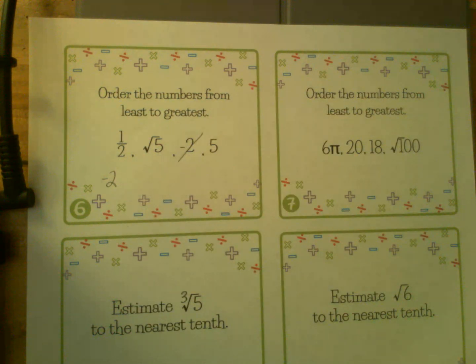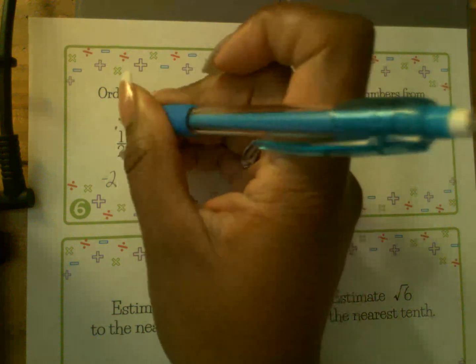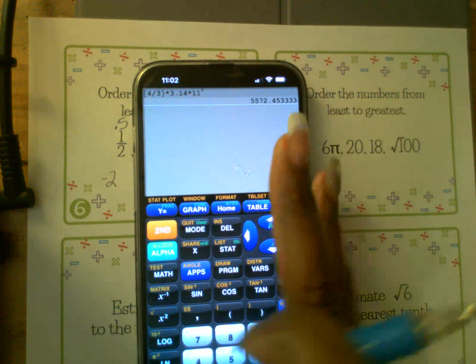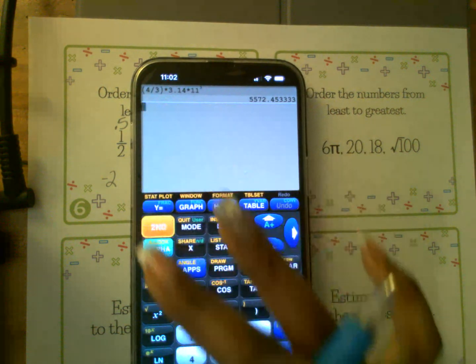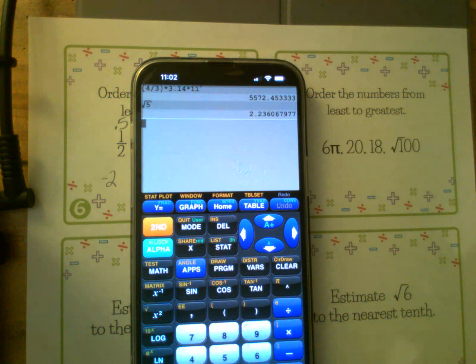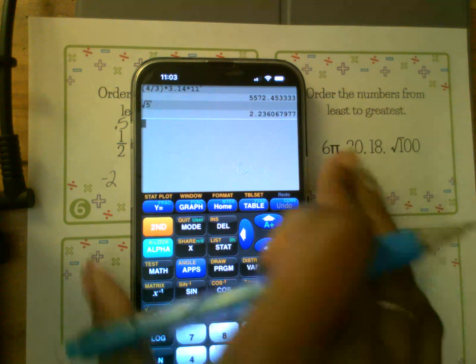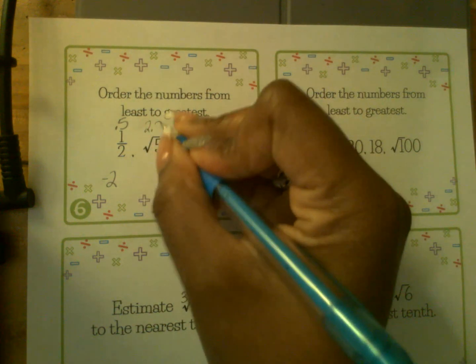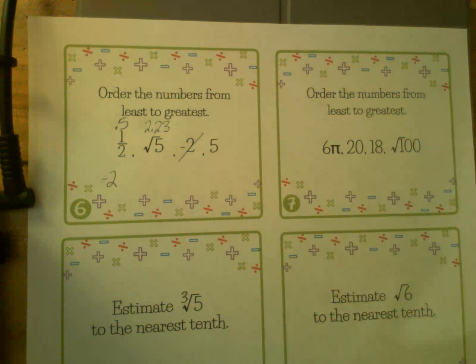And then we have this is 0.5 as a decimal. And then the square root, let's do the square root of 5. That equals 2.23. So this is 2.23, okay?